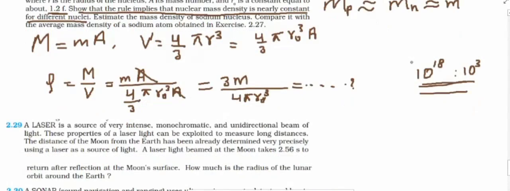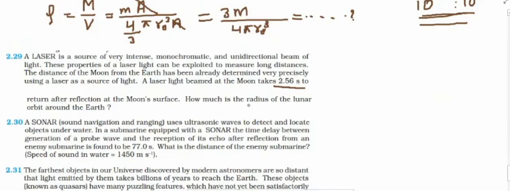Question 29. A laser source sends light to the moon, and it takes 2.56 seconds to return back. So when you send the light from Earth to the moon, it returns in 2.56 seconds.